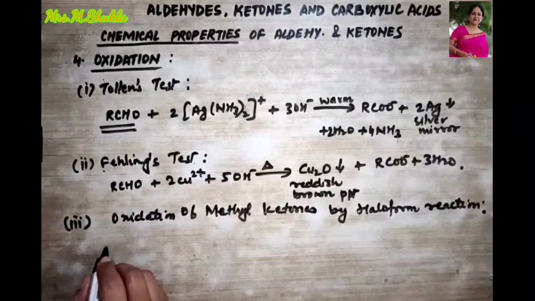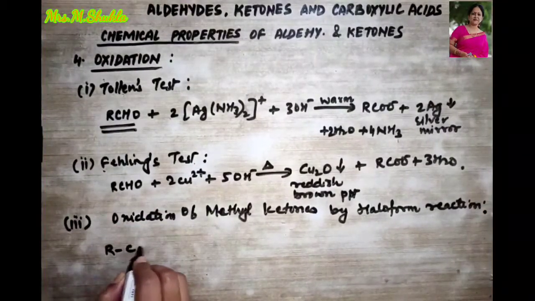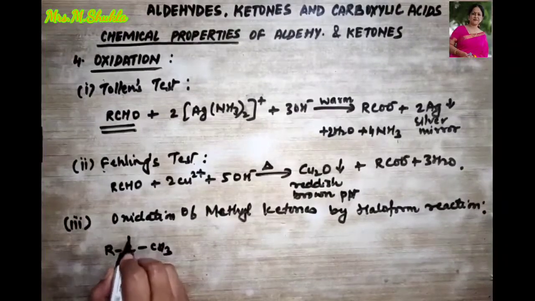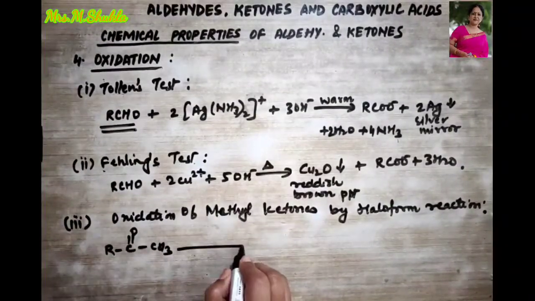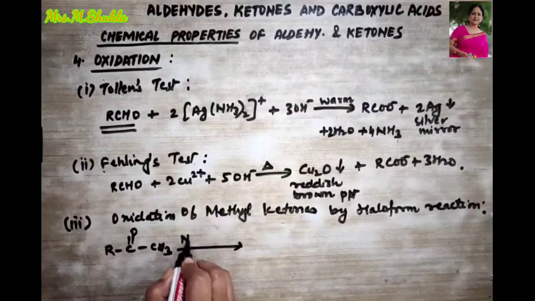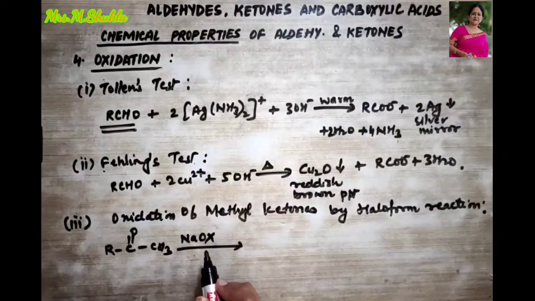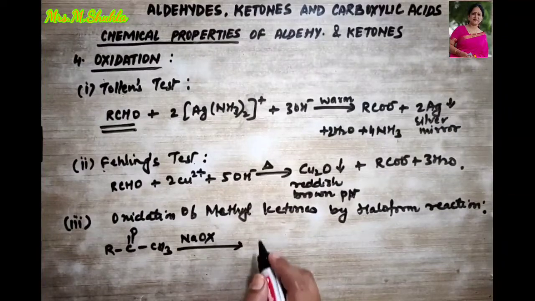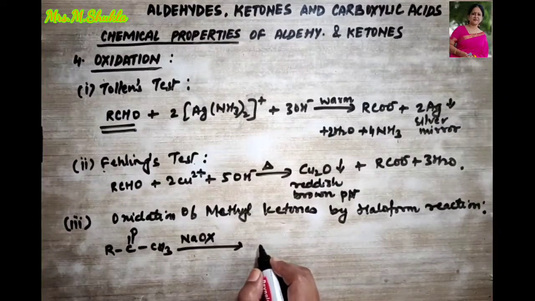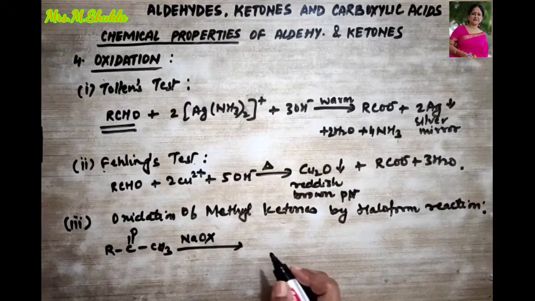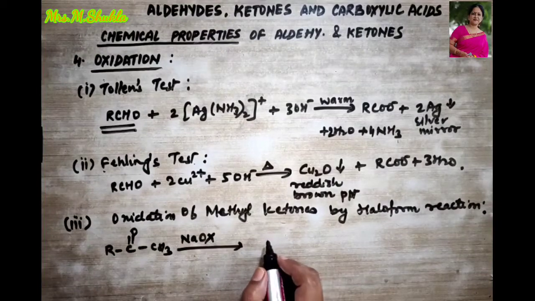Let's see over here, RCOCH3, right? They combine with NaOX. So what is this? Sodium hypohalite solution, and they are going to give us haloform. So what is the haloform?